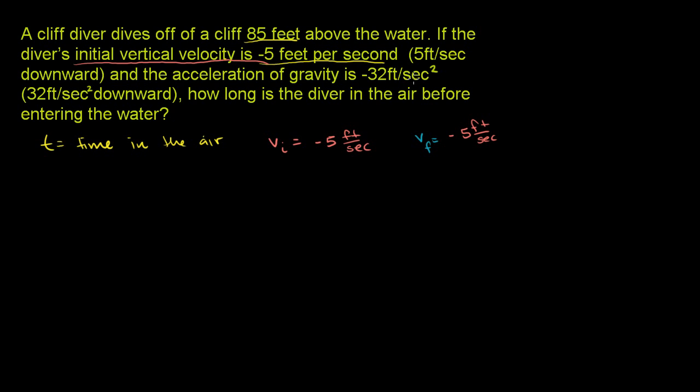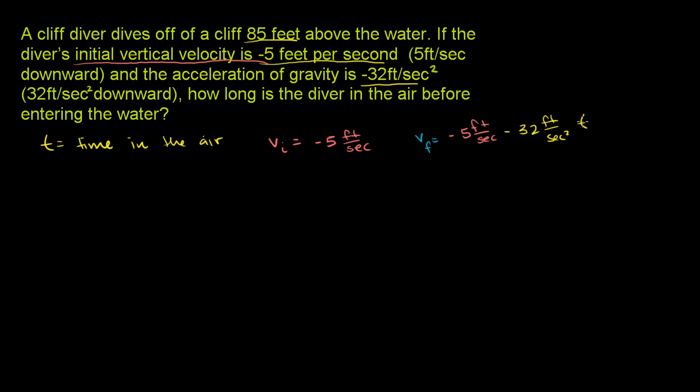He's accelerating downward at that rate. So if you multiply the acceleration times time, that's how much his velocity is increased. So it's going to be his initial velocity plus, or maybe we should say minus 32 feet per second squared times the time that he's in the air, times this t.